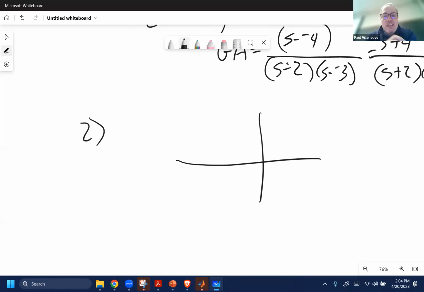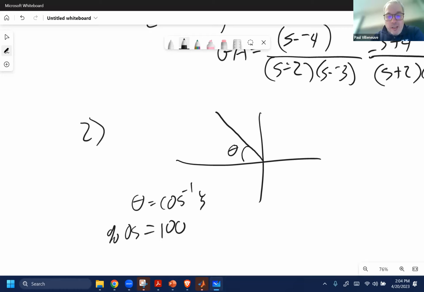So the first thing is, if you remember, the angle theta was equal to the inverse cosine of our damping coefficient. And there's my equation, because I can never remember all the specifics: my percent overshoot equation, which is equal to 100 e to the minus pi zeta over the square root of 1 minus zeta squared.